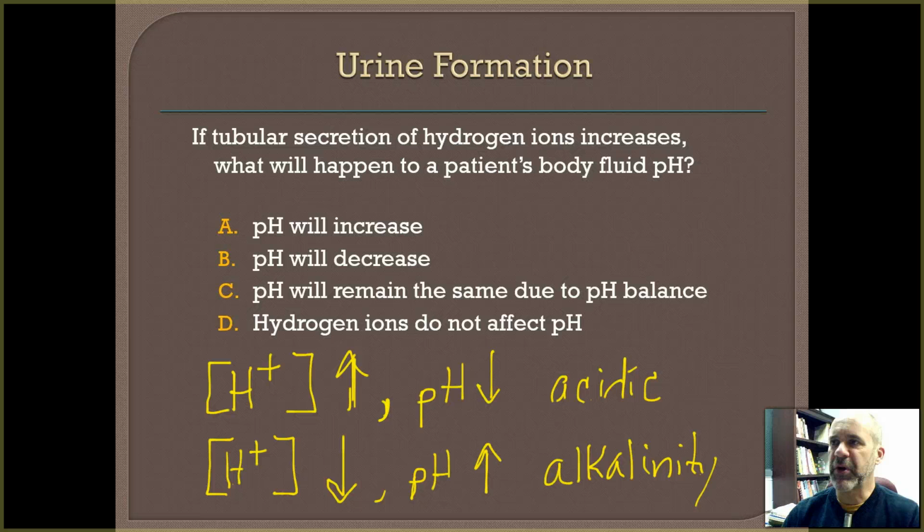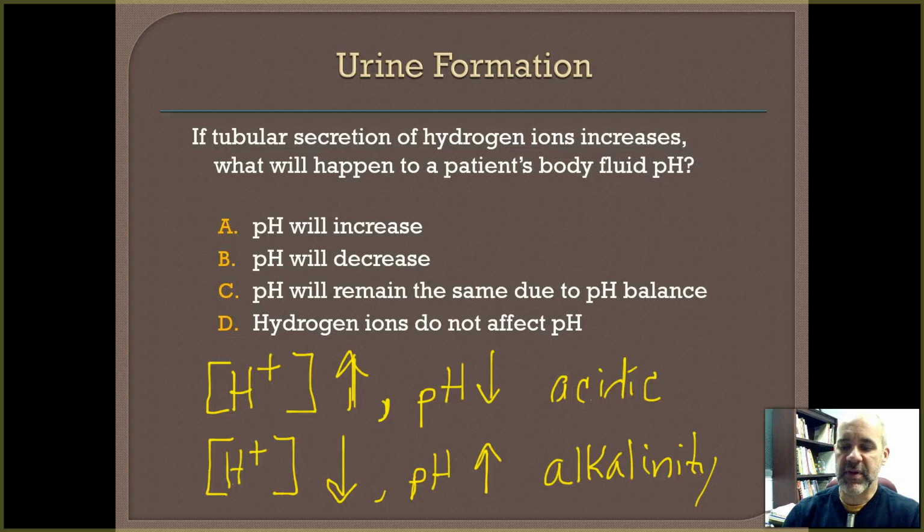Okay, so let's think about what's going on in this patient. Tubular secretion of hydrogen ions increases. So now we have to think about what's happening to the patient's body fluid. Tubular secretion means more hydrogen ions are being sent into the urine so that you pee them out, you excrete them out of the body.